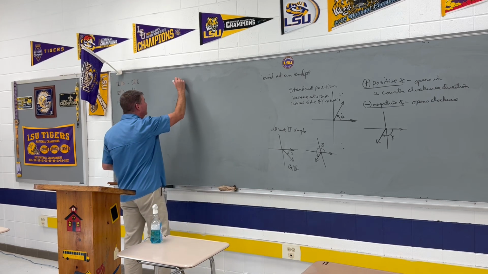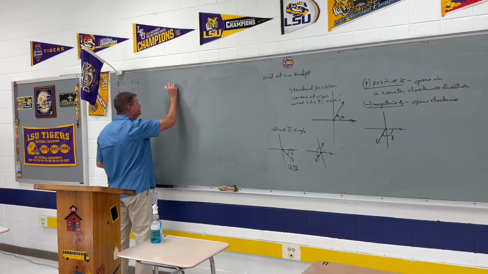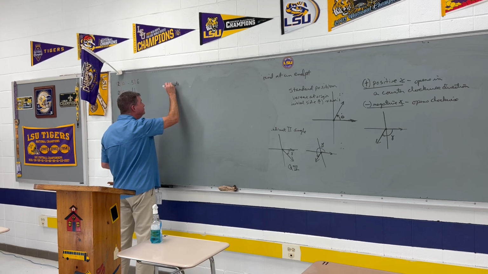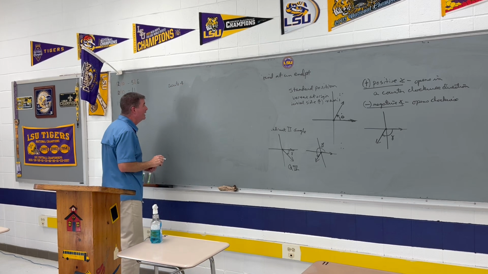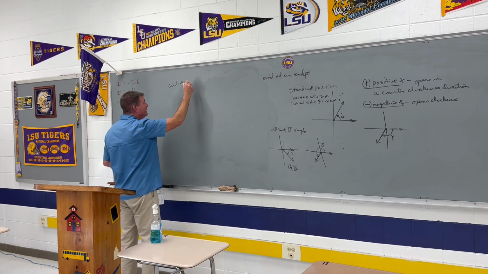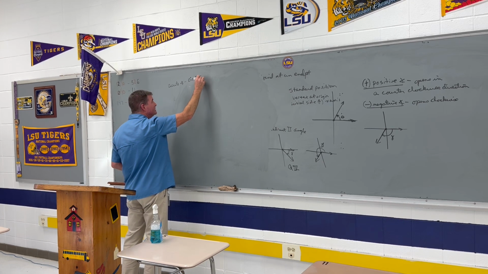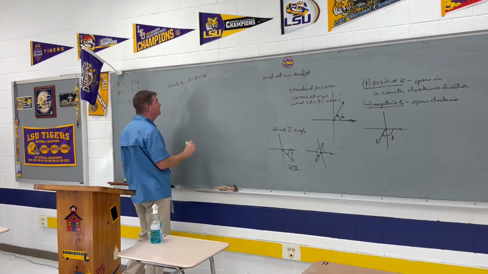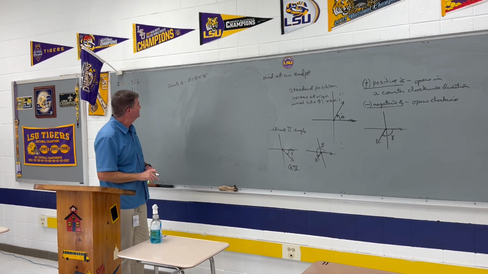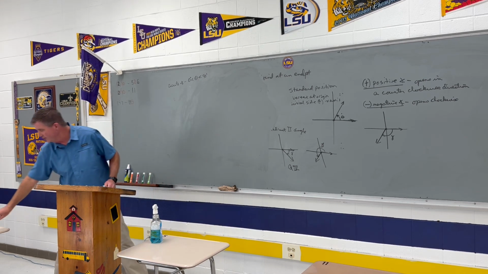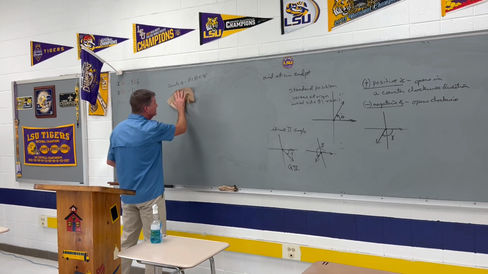An acute angle is an angle that is greater than 0 degrees. I'll put it as theta. But it's less than 90 degrees. So an acute angle is an angle that's between 0 and 90 degrees.